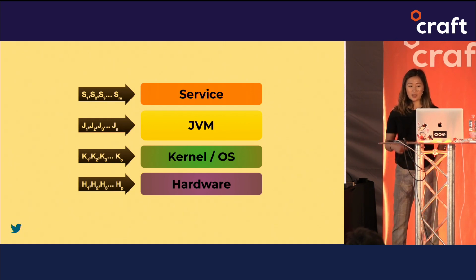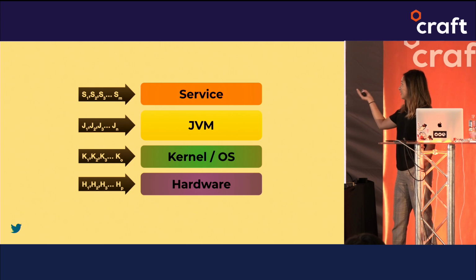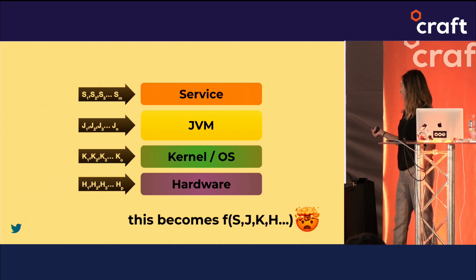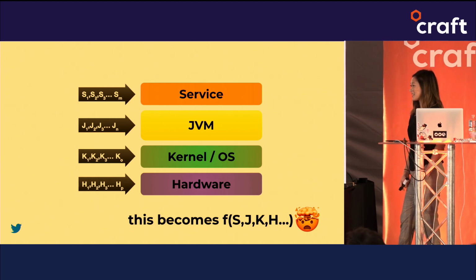The number of potential parameter configurations multiplies with each level. All those, times the kernel parameters, times the hardware parameters, end up being a lot. The performance of a service ends up being a function of all of these.